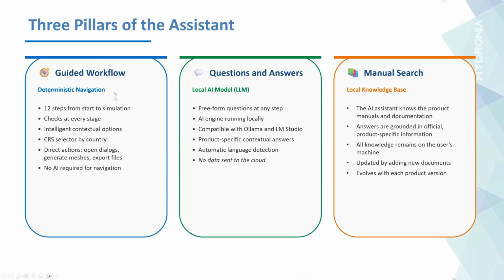So there will be deterministic navigation: the steps necessary to start a simulation, checks that are necessary to avoid errors, conceptual options that are available in the model, selection of coordinate system, information related to the dialogues of the model. In general, this does not require any AI directly for the navigation.